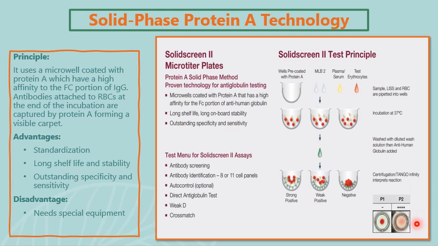If no agglutination, red cells will form in the center of the well. So that is negative. The reaction and pattern are recorded as digital image and interpreted by Tango Infinity. So Tango Infinity is a program in the instrument.